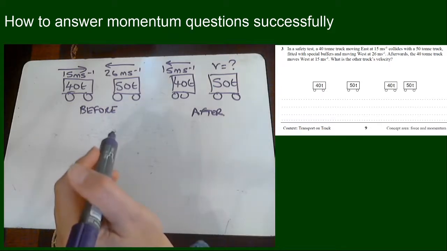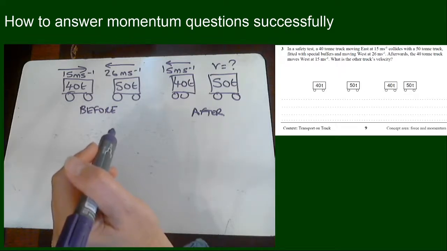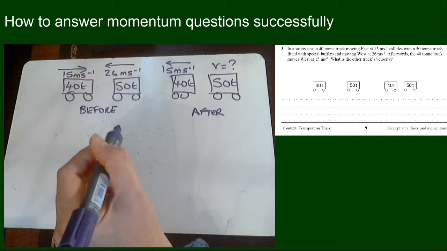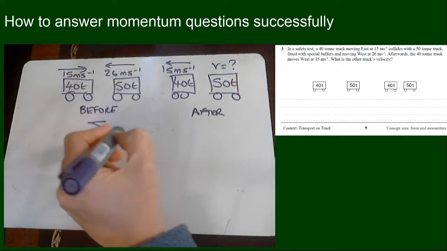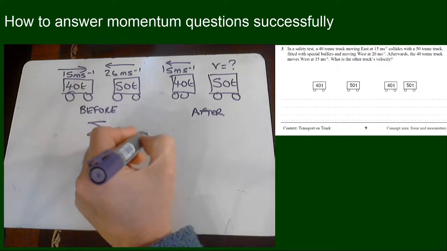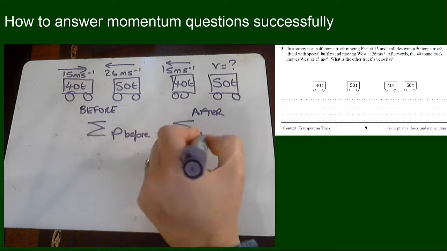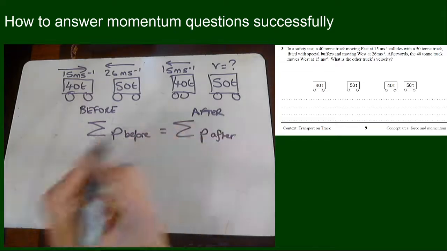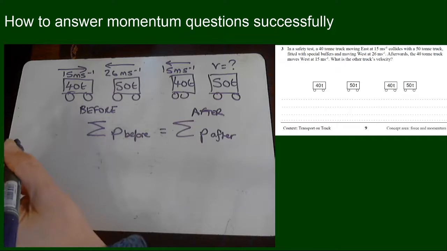After we've drawn our diagram and marked everything on that we know, we set out our conservation of momentum equation. The sum of the momentum before the collision must equal the sum of the momentum after the collision. Seems simple, but it's always best to write it down just to focus the mind.